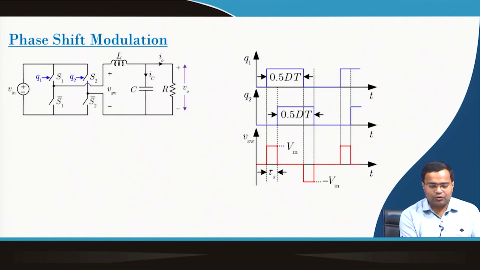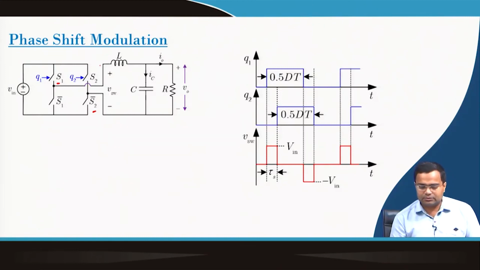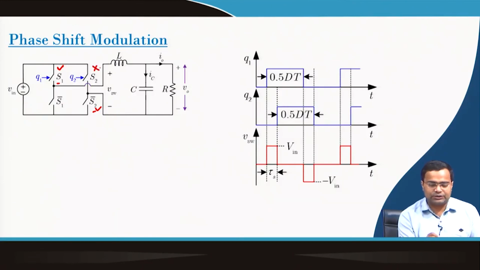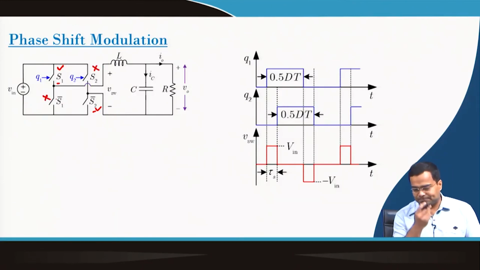The other one which is left is the phase shift modulation, where it is also a fixed frequency modulation, where S1 and S2 bar are operated using the Q1 pulse, and S1 bar and S2 are operated using the Q2 pulse. So, this switch and this switch are identically operated, and this switch and this switch are identically operated.